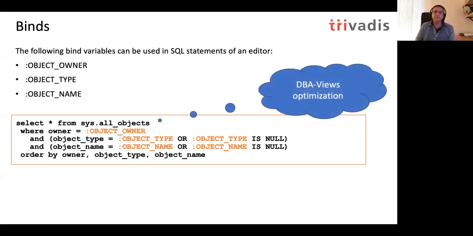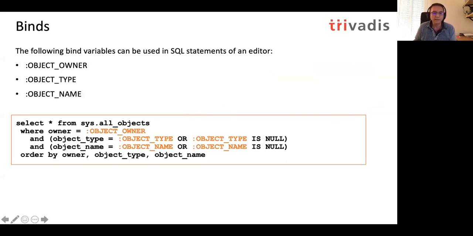And there are some additional features in editors which are not available in reports. Every time you query some sys.all_objects or sys.all_ view, SQL Developer tries to find out: do you have access to the DBA view? If you have access to the DBA view, it will rewrite the statement.